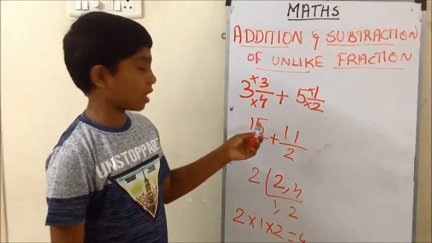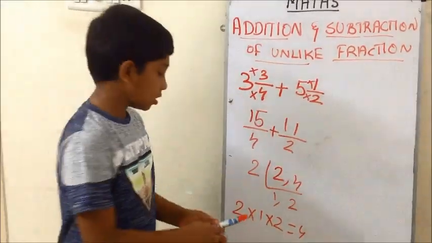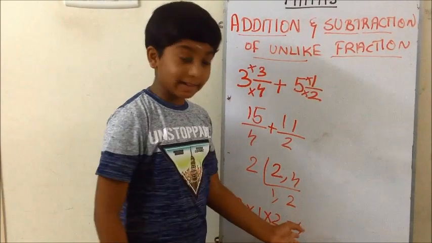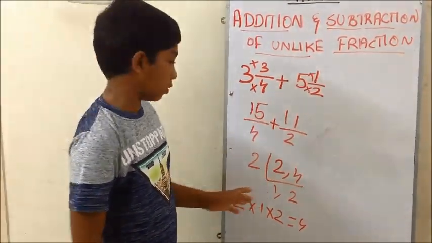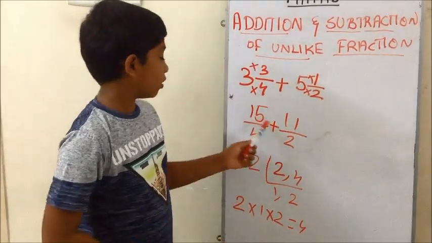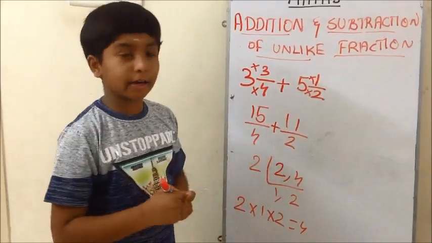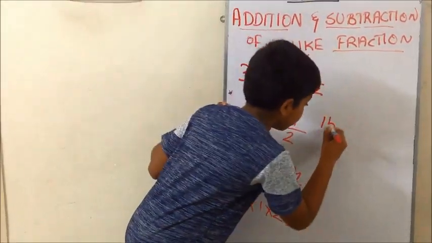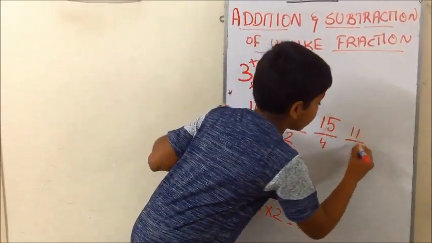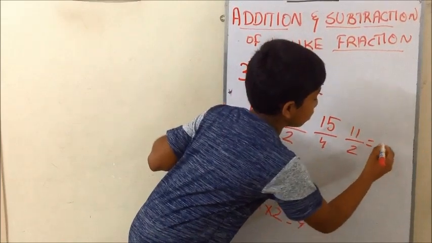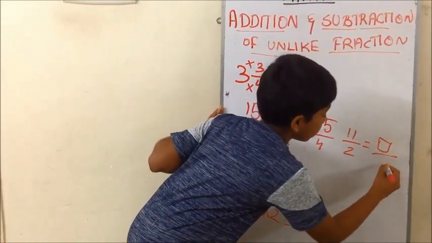We need not change 15 by 4 because now we have found the LCM as 4 and the denominator of this fraction is also 4. So we can write as such, 15 by 4. The next is 11 by 2 is equal to box by 4.